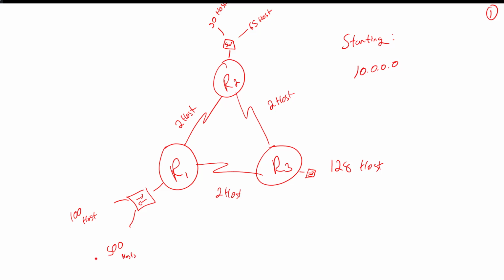I'm going to change colors for our count. 1 network, 2 networks, 3, 4, 5, 6, 7, 8. We have 8 networks. So what we're going to do is work through and develop a subnet for these 8 networks. Another assumption is when we were given these addresses, maybe our data center had 100 hosts.